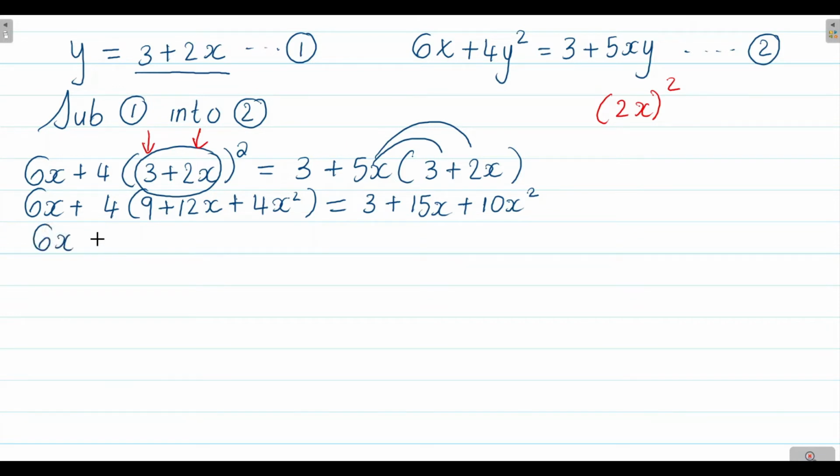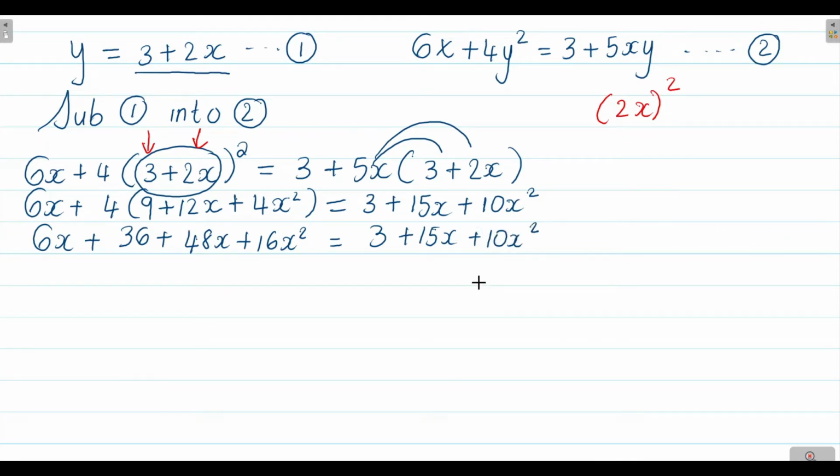It's going to be 6x plus 4 times 9 is 36, plus 4 times 12x is 48x, plus 4 times 4x squared is 16x squared, which is equal to 3 plus 15x plus 10x squared.